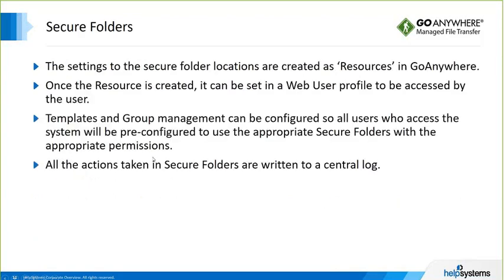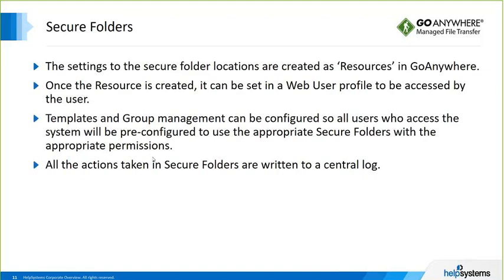So how we set this up is the settings to a secure folder location are created as resources in GoAnywhere. And once that resource is created, it can be set in a web user profile to be accessed by the user. And we also have templates and group management, so all users who access the system can be pre-configured to use the appropriate secure folders.